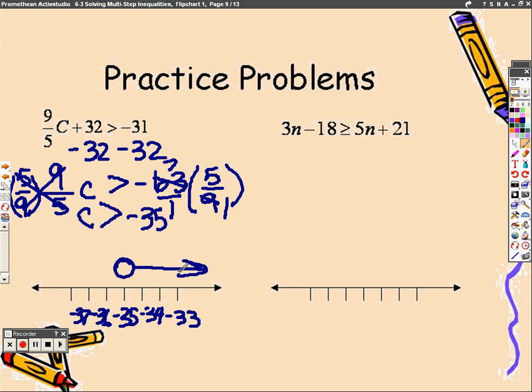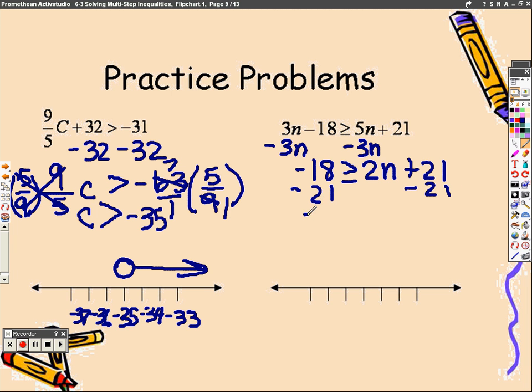For our second example, the first thing we want to do is get our variables together. To do that, we're going to subtract 3n from both sides. We end up with negative 18 is greater than or equal to 2n plus 21. Then I want to get 2n by itself, and I'll do that by subtracting 21 from both sides.